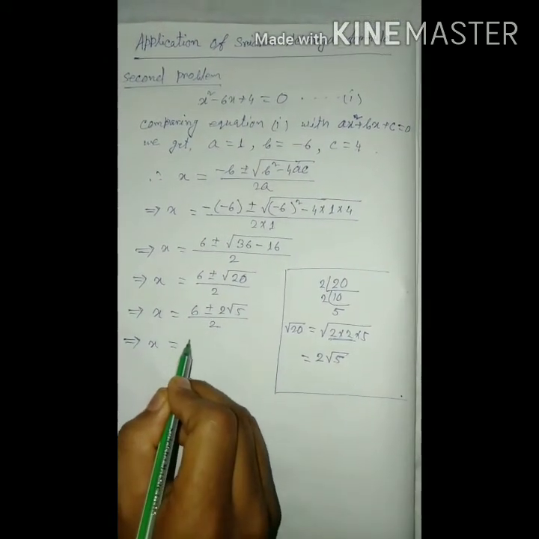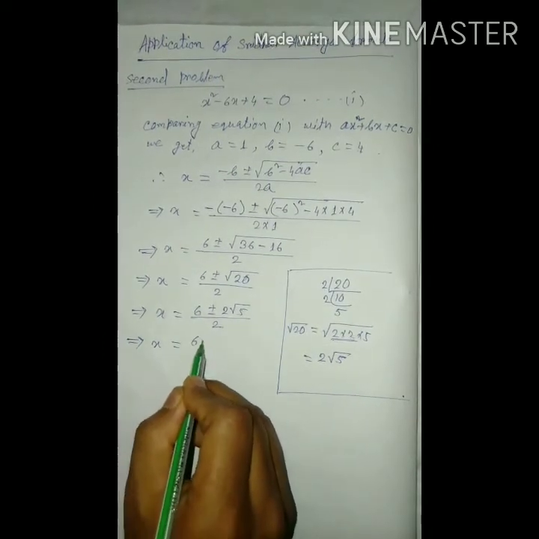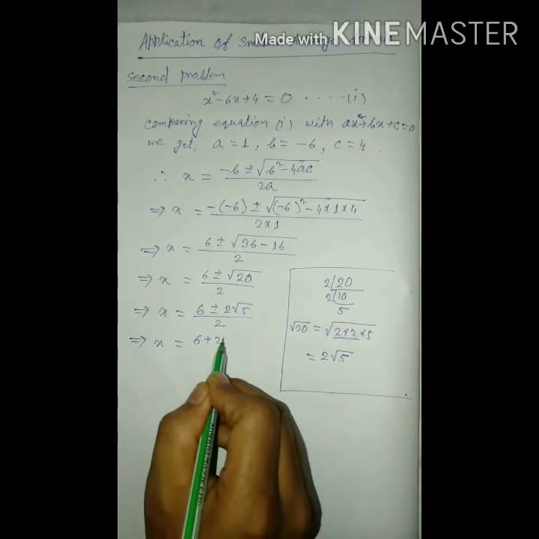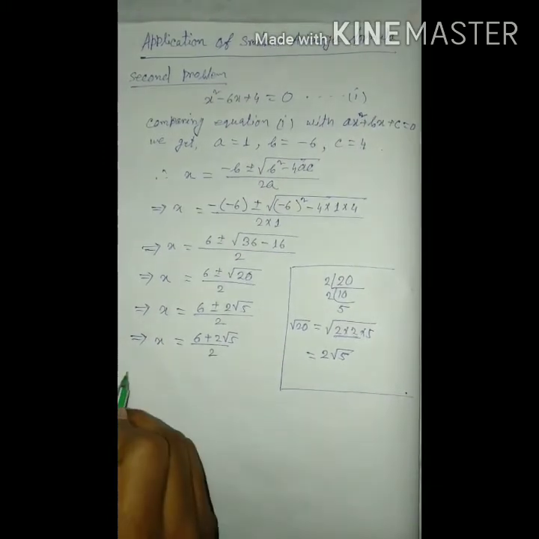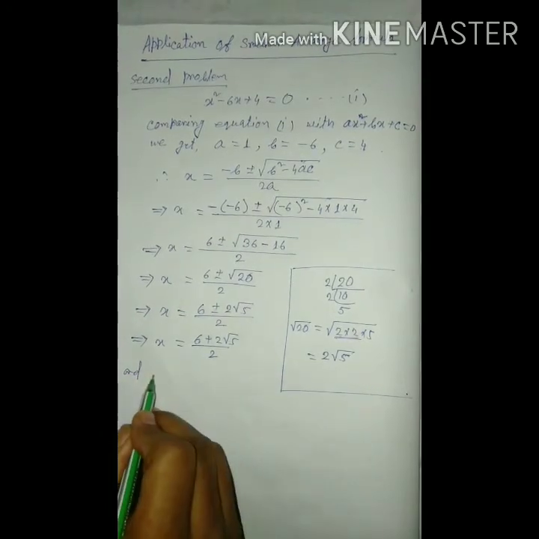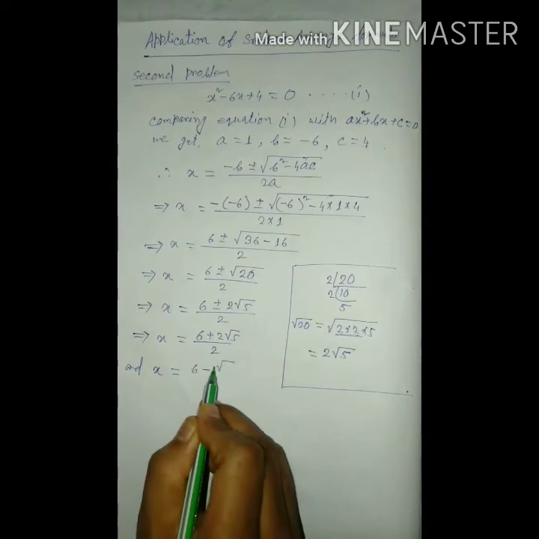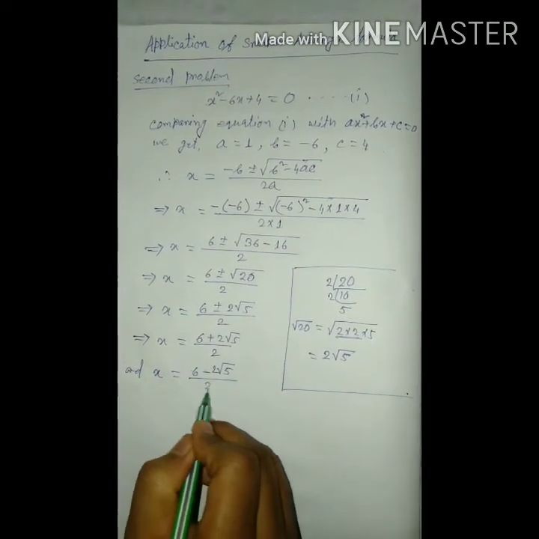X is equal to 6 plus 2 root 5 by 2, and x is equal to 6 minus 2 root 5 by 2.